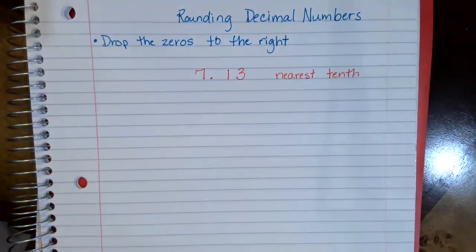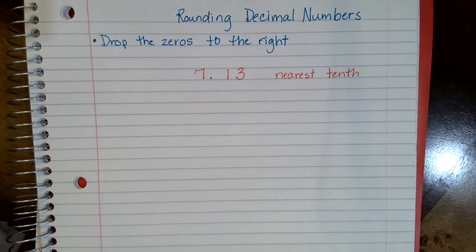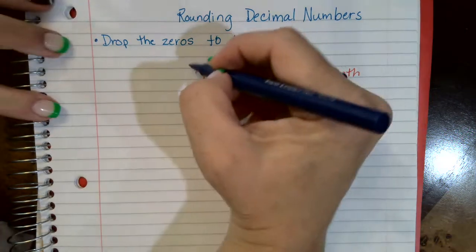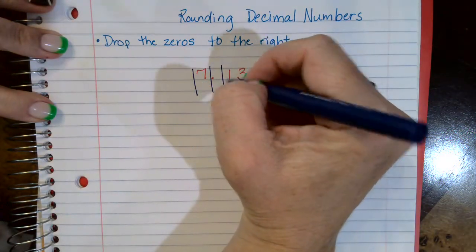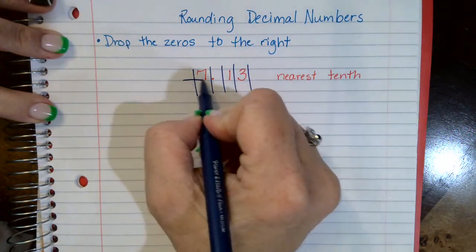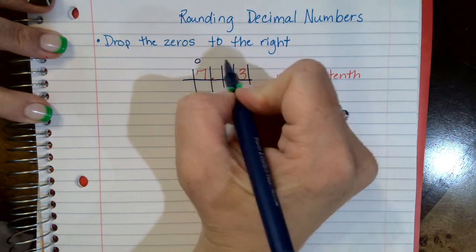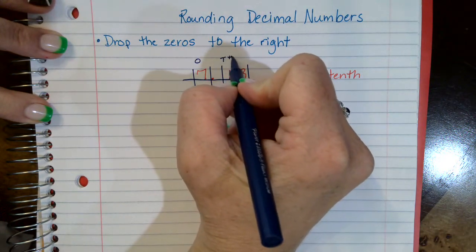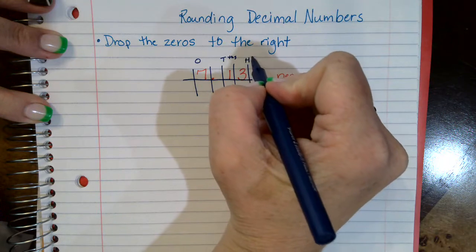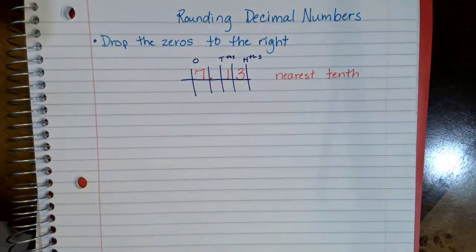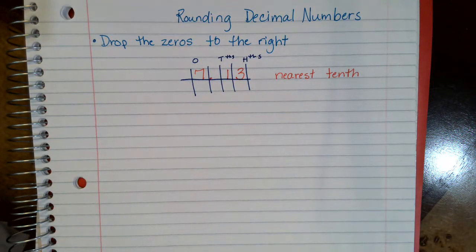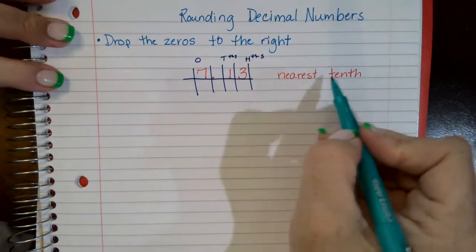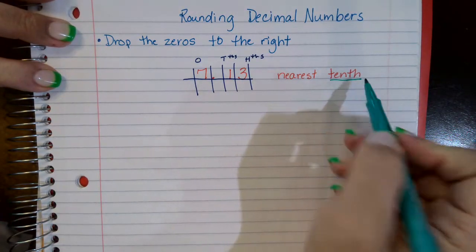then what we're going to do is go ahead and make our place value chart, because you know me and my place value charts. Okay, here are our ones, here are our tenths, here are our hundredths. I probably should enunciate that. Here are our hundredths. So it's asking us to round to the nearest tenth.